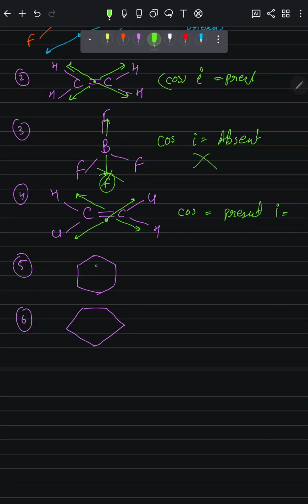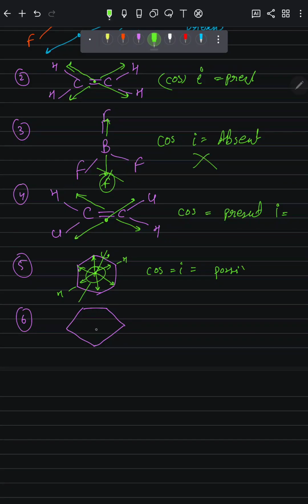In the benzene molecule, if we put a center of symmetry here and go here and here, or here and here, carbon and hydrogen are present on both sides. So it is the same, and a center of symmetry or inversion is possible here.